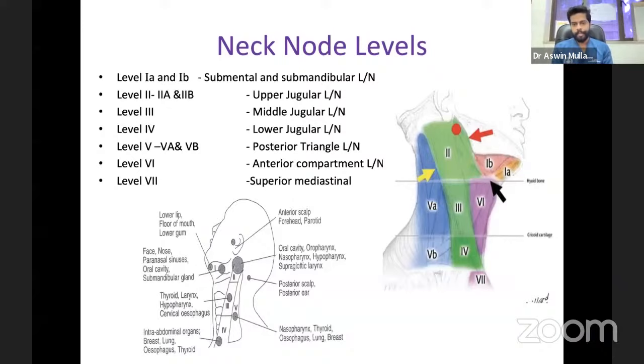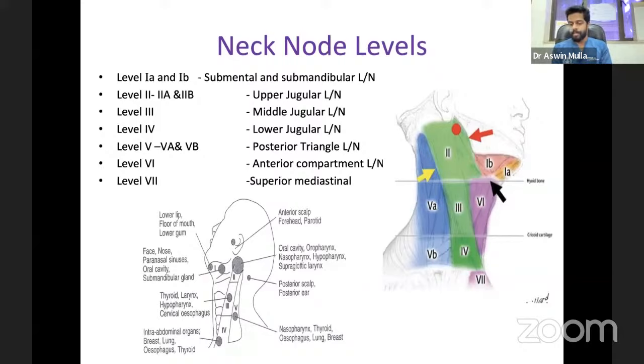Why do you want to know about the nodes? Suppose you get a patient with a suspicious lesion of the oral cavity, you can also check the nodal stations. It is very simple. You can examine the lymph node levels. All patients will have nodes. The reactive nodes will be soft, tender, and by palpation itself you can elicit them. In case of metastatic nodes, the node will be more rounded in nature.